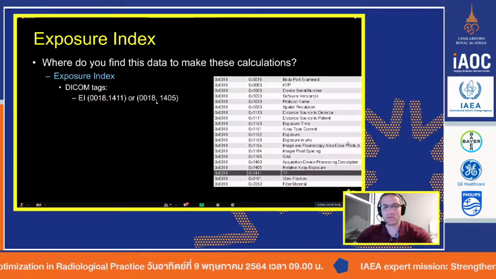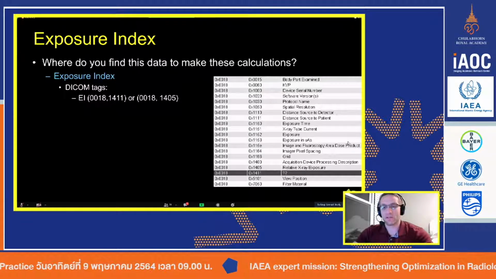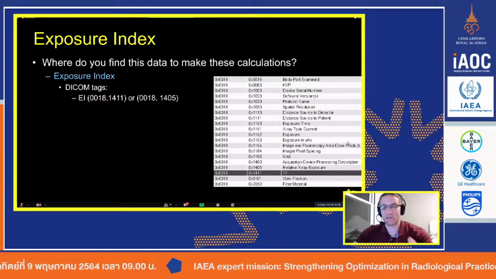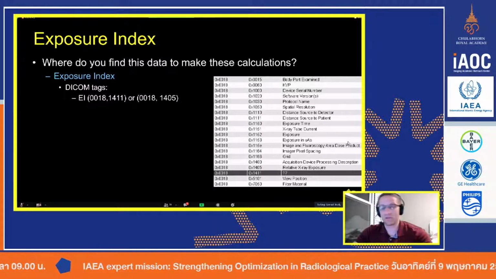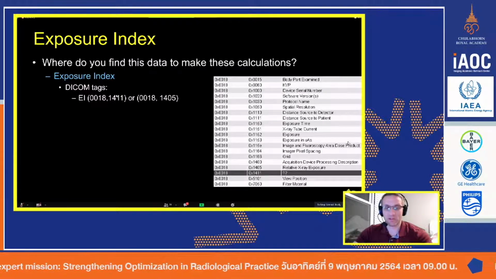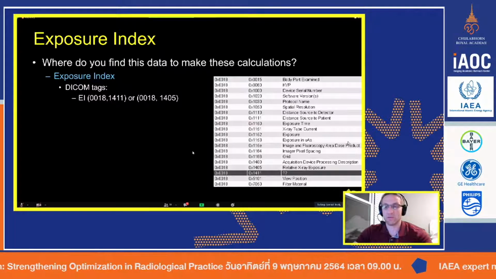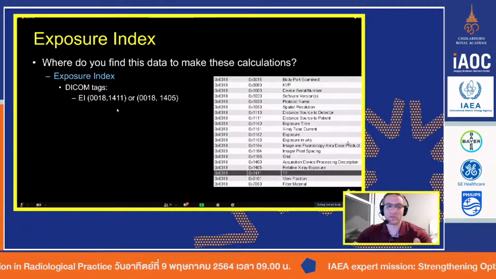Or it'll be 1405, one of those two. Now, this vendor doesn't call it exposure index. They still call it relative X-ray exposure. They may name it differently, but if you look at either one of those tags, you will see the value assigned to the exposure index.